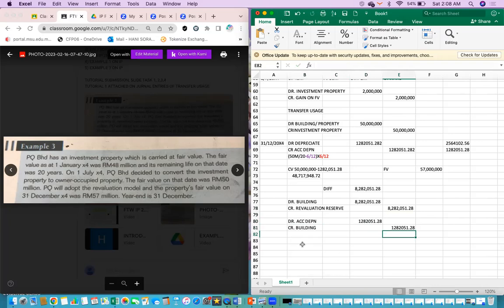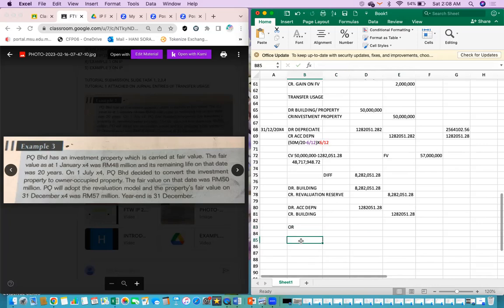Or the shortcut should be like this. Debit building. How do you get the building amount? The building amount is the comparison between this 50 million with 57. So you just put here 7 million.